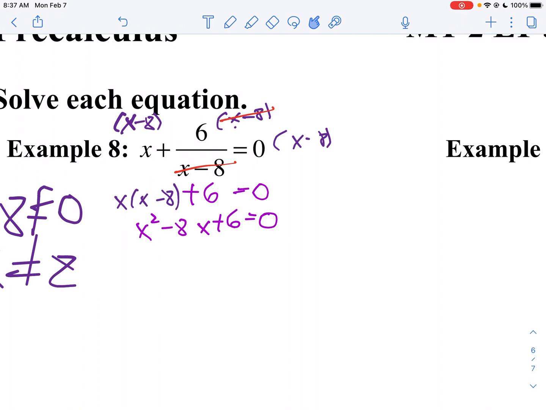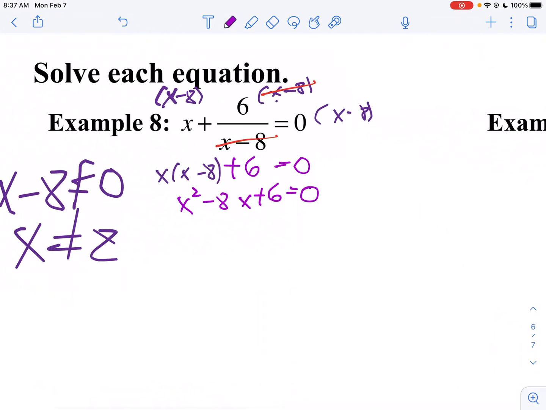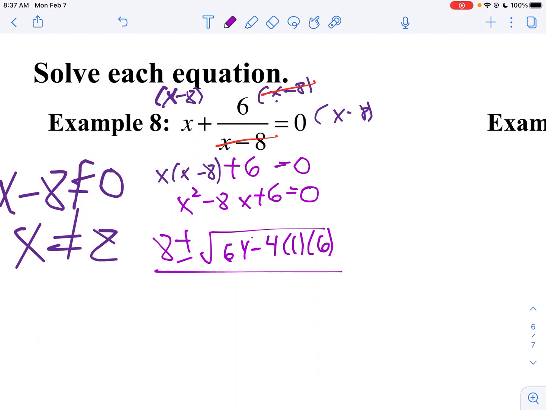So I would say the opposite of b, so 8, plus or minus the square root of b squared, which would be 64, minus 4 times a, which is 1, times c, which is 6, all over 2 times 1.